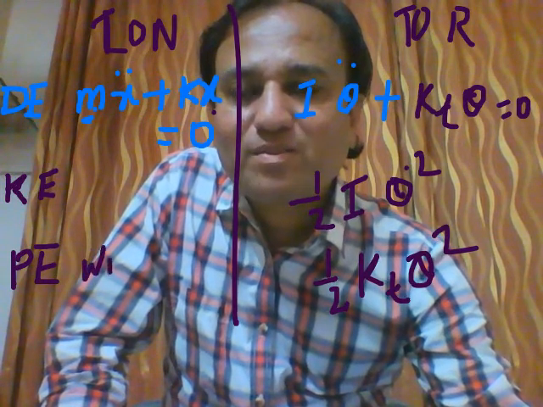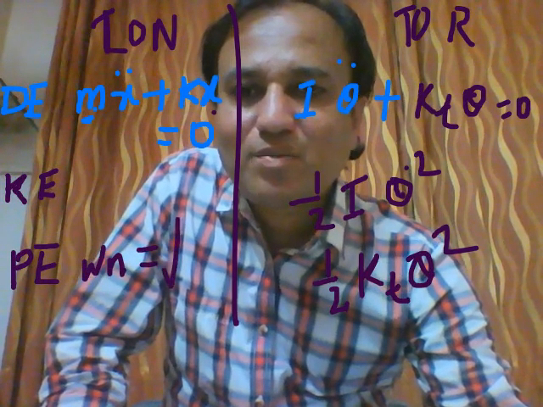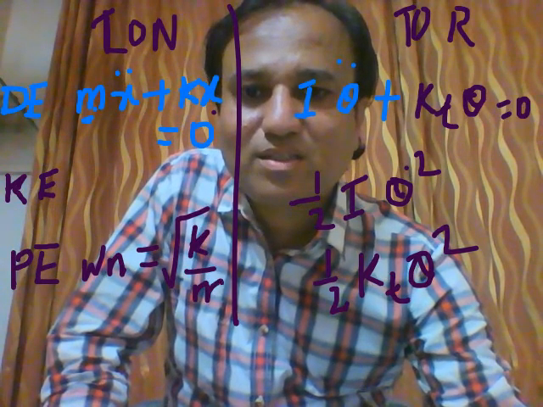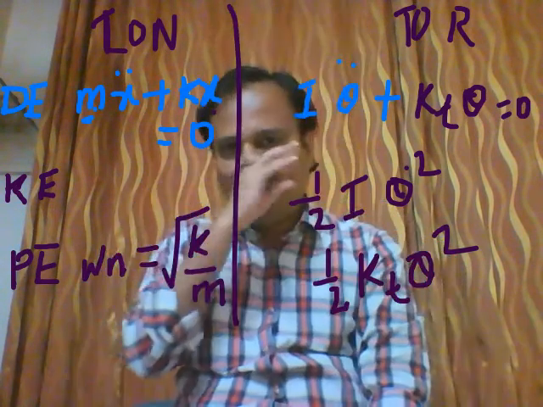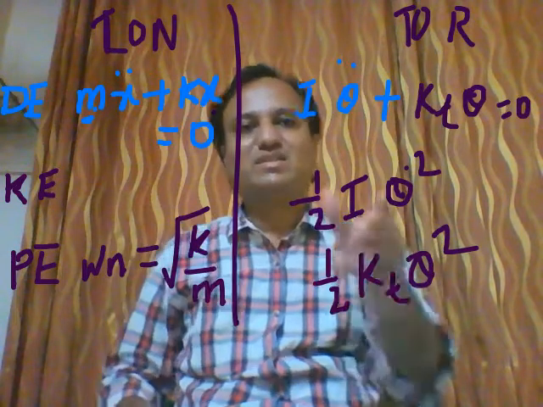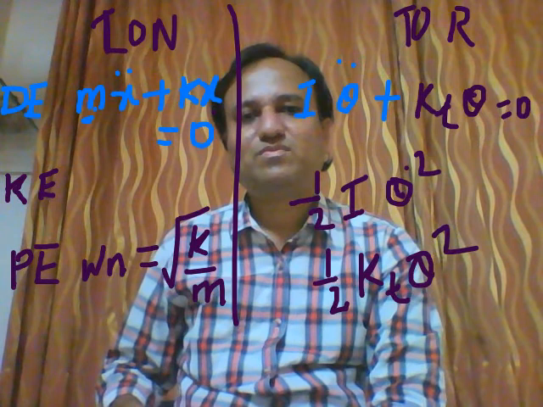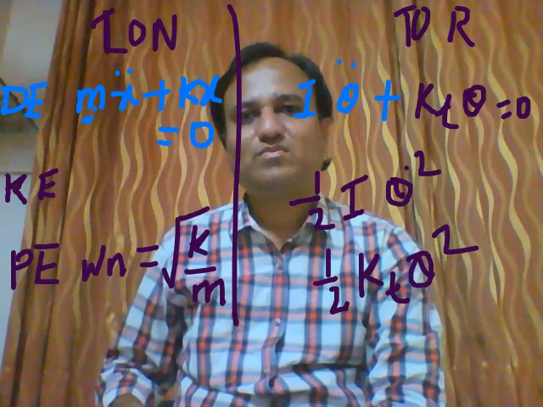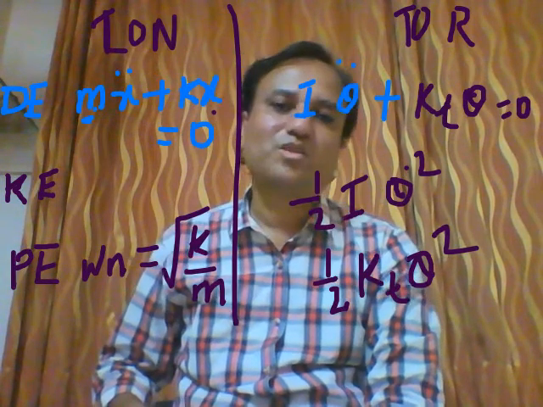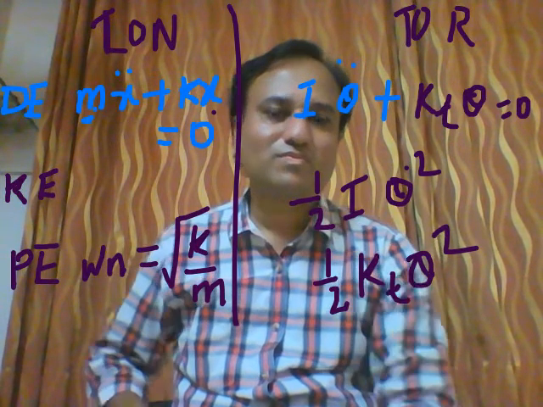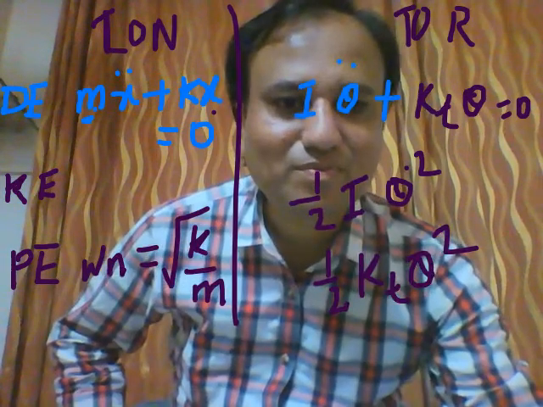Student, now omega n, natural frequency, is root of k by m, as far as longitudinal vibration is concerned. So what will be the natural frequency in torsional vibration? Just do the analogy, student. A few seconds I will give you. What will be the omega n?